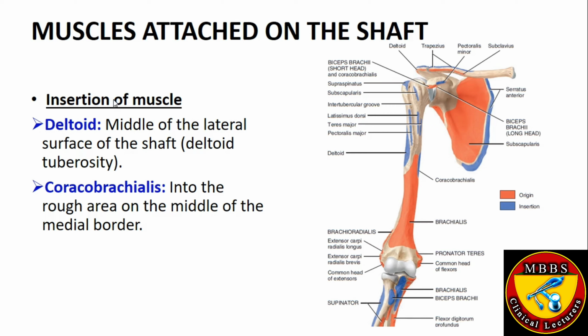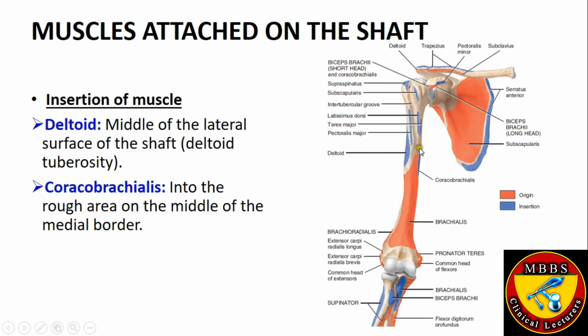The deltoid muscle is inserted on the middle of the lateral surface of the shaft. You might have gone through the deltoid tuberosity on the humerus, so it is attached on the middle lateral surface of the shaft that occupies the deltoid tuberosity.